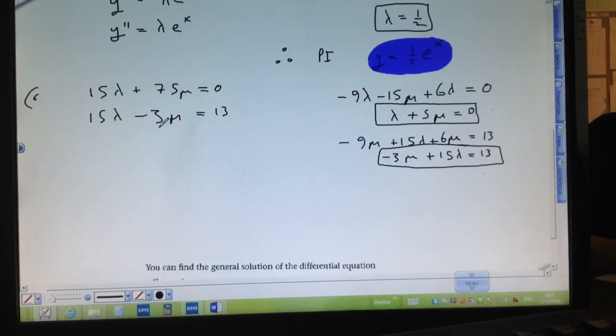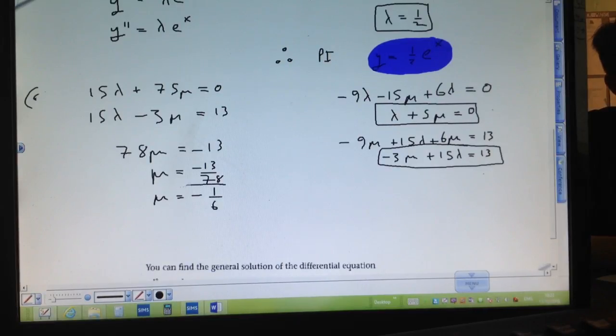I'm going to take top take bottom, which gives you 78 mu is equal to top take bottom, which is minus 13. Just be careful of your signs. Mu is equal to minus 13 over 78, and I think that's going to cancel, I think it's 6. Yeah, so it cancels down to mu is equal to minus 1 over 6.